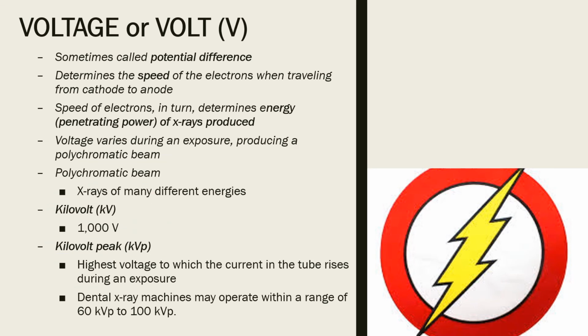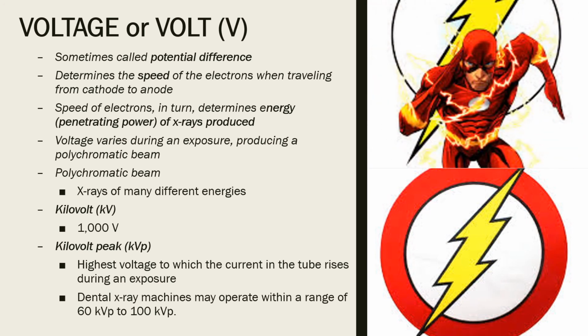The next term is voltage or volt. This is sometimes called potential difference, and it is defined as the electrical pressure between two electrical charges. In dentistry, voltage determines the speed of the electrons traveling within the X-ray tube. It determines the speed and the penetrating ability of the X-ray produced.